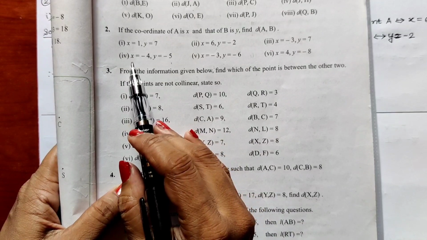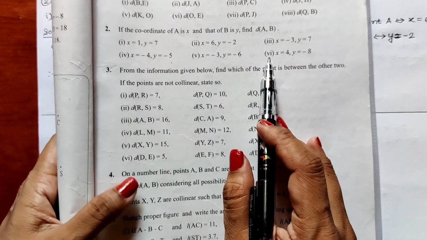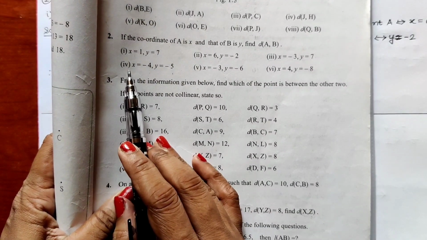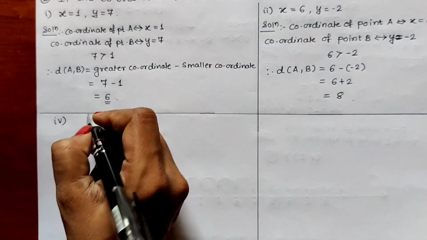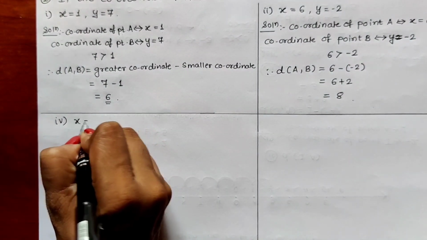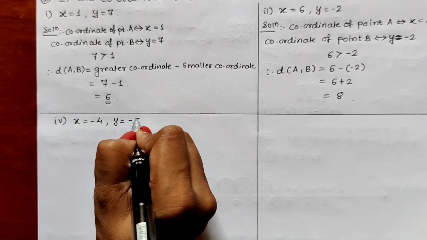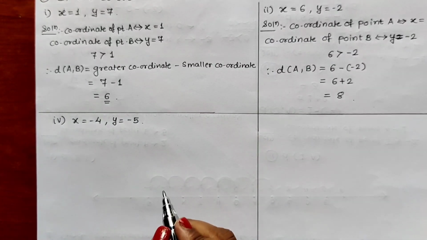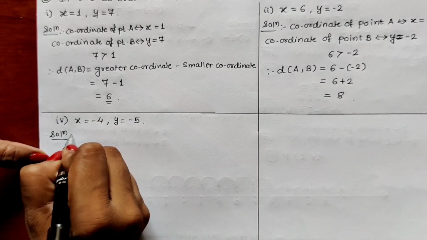Now I will show you this fourth sum. Fourth and directly sixth I will show you. Remaining sums you all can do on your own now. Fourth sum is x is equal to minus 4 and y is equal to minus 5. Solution we write.